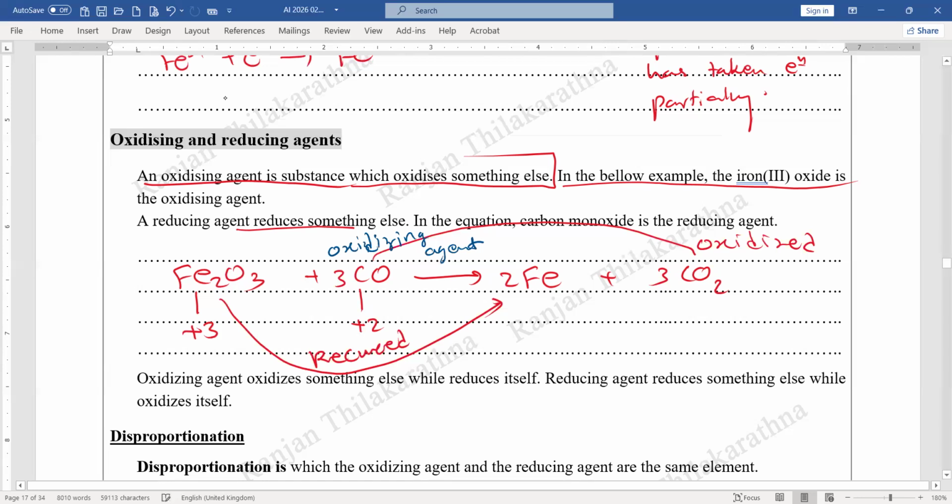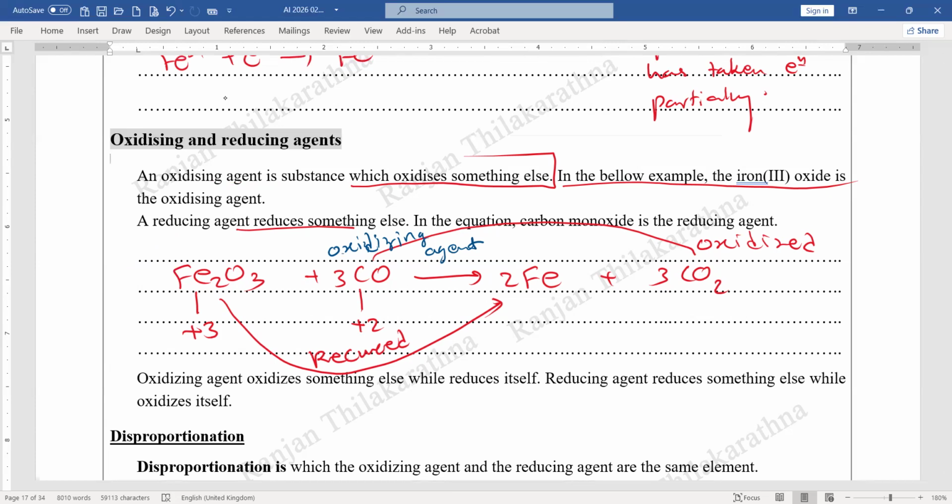This is the reducing agent, right? One which is reduced itself will be the oxidizing agent. Sorry, I'm sorry, I have done something wrong here.